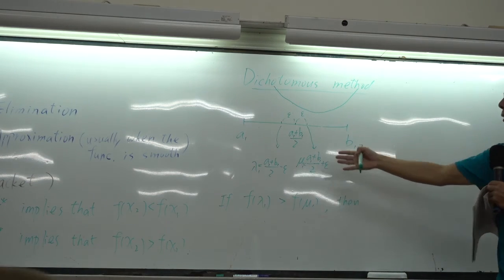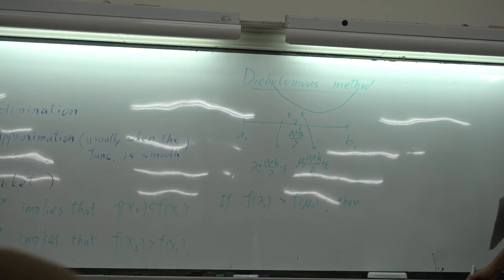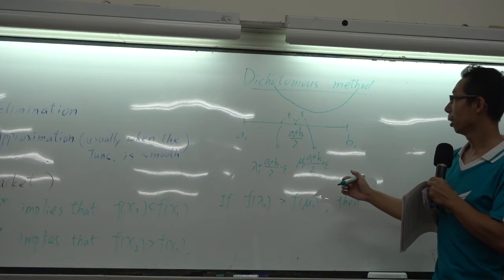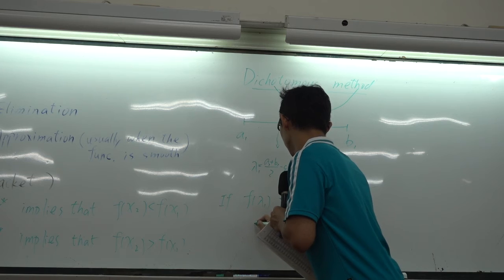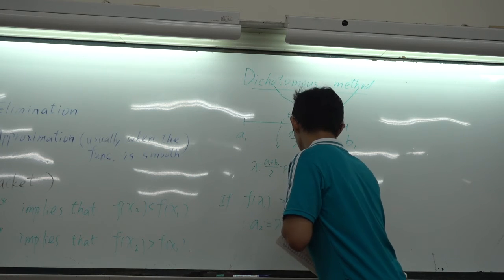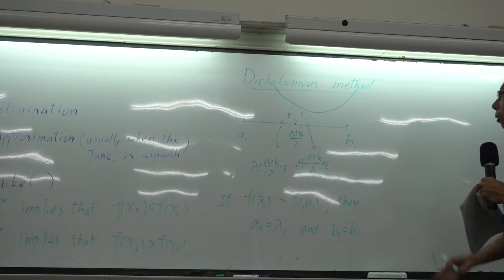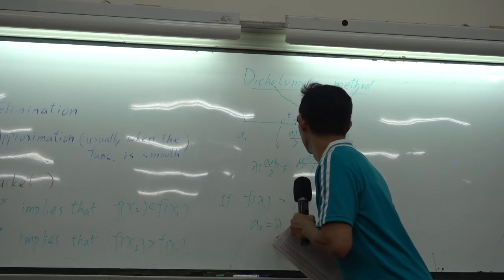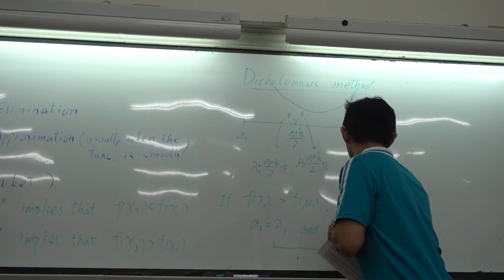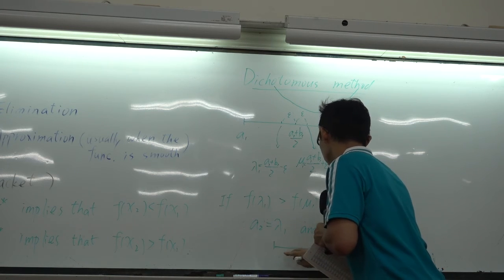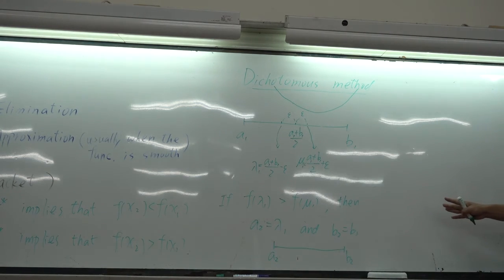Then we can just eliminate the part on the left side. So A2 equals lambda 1, and B2 is still B1. Then we can start from this new bracket and continue with our search. Now this is my B2 and here is my A2. You got it? Okay, so one more time.